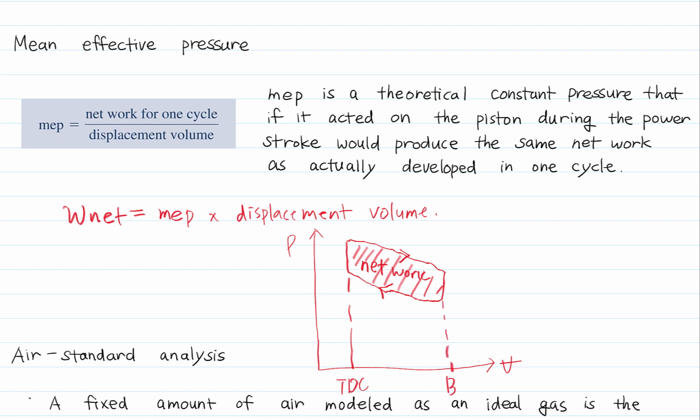This is BDC, maximum volume. Now imagine another piston cylinder which produces the same amount of net work. It has the same BDC and TDC. So the displacement volume is the same. Now a constant pressure acts on the piston for the entire cycle, and it would produce the same amount of net work.